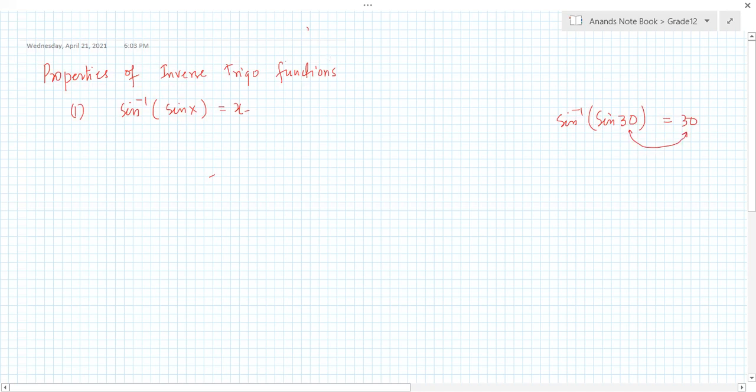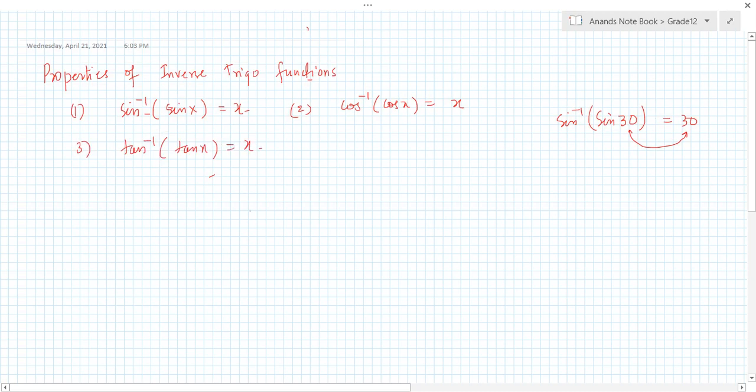We will take three properties, prove them, and then I will give you as homework to go ahead and prove the other ones. The second one is cos inverse of cos x is equal to x. And the third one is tan inverse of tan x is equal to x.